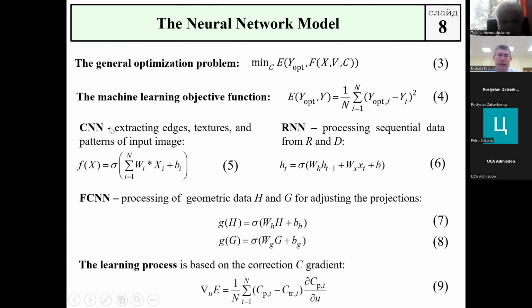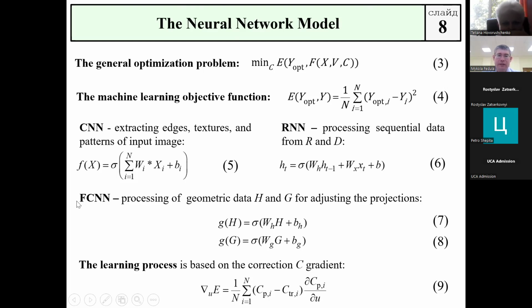Extracting edges, textures, and patterns of the input image is performed by a convolutional neural network, CNN. The processing of sequential data from recommendations of users is done by a recurrent neural network.